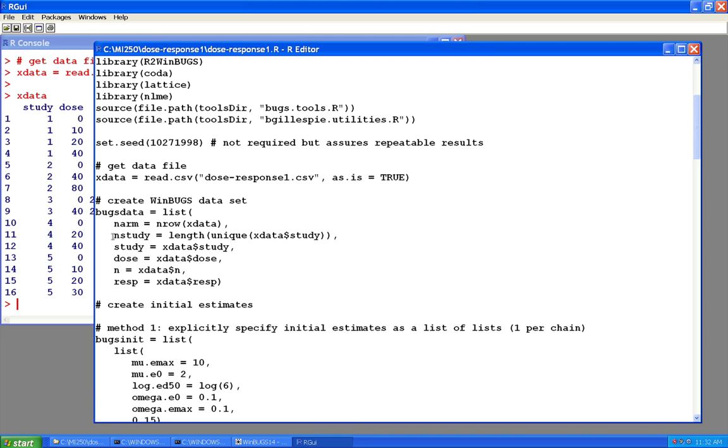For the number of studies, I first find the unique values of X data $study, in other words the unique values in the first column, and then get the length of that, and it should return a value of 5. And then the rest of it is just grabbing the different columns. So study is the first column, dose the next one, and response the last one. That's all there is to creating the data set for the different pieces we had.